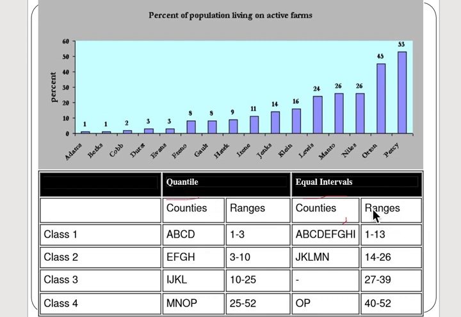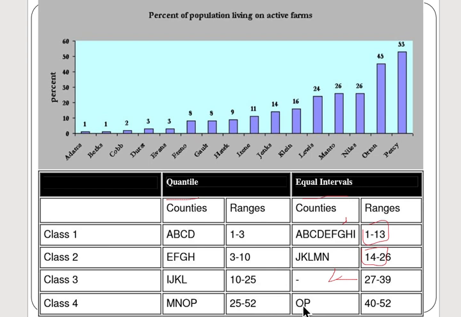Instead, for equal intervals, the range is the same between these classes. We could see the missing county here for class 3. In the equal interval categories, there is no county with a population from 27 to 39.